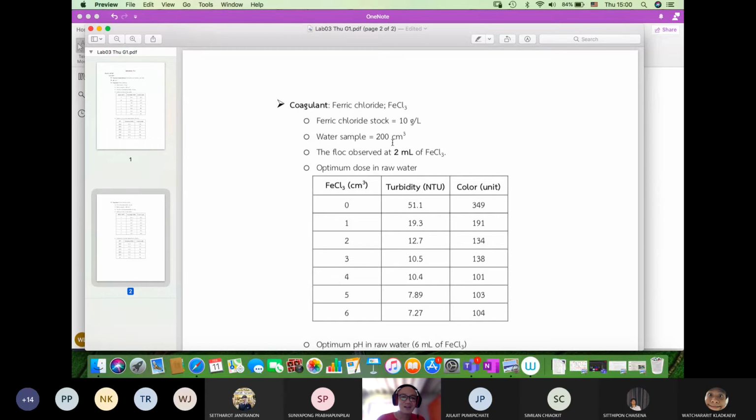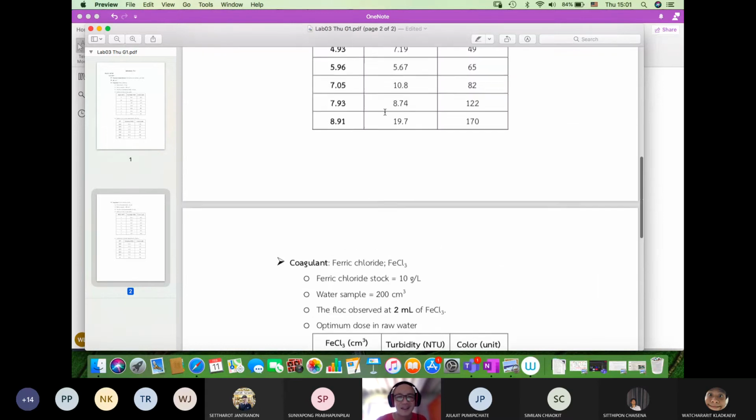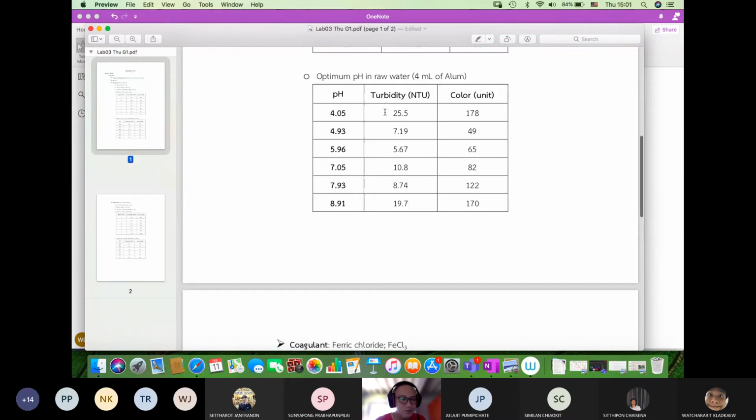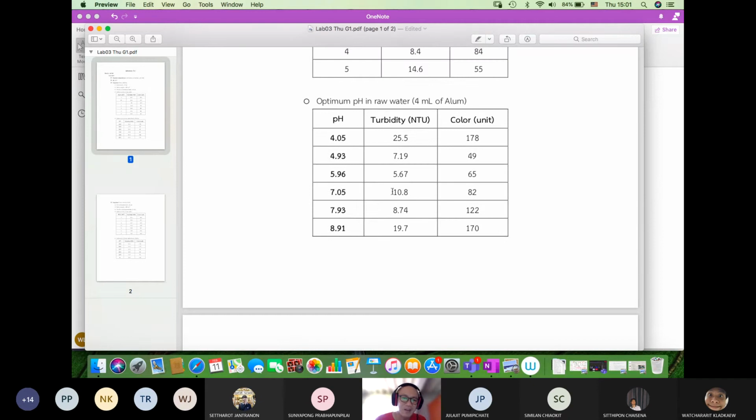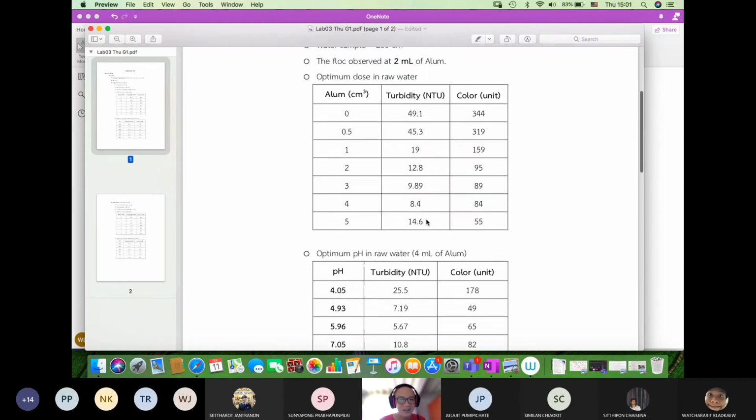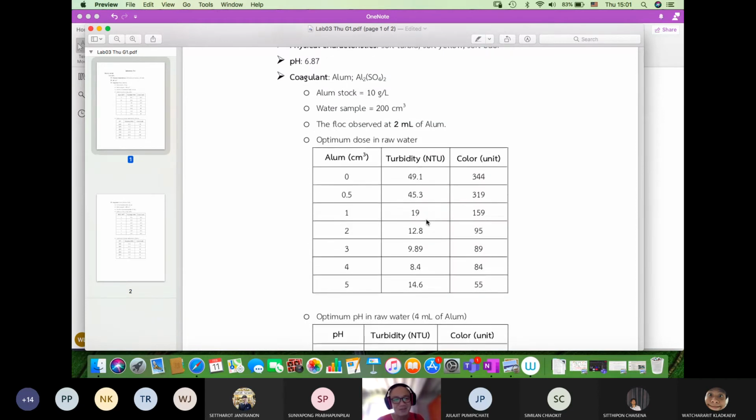So these are the results of the first group. Other groups, I think you are also getting similar results but different values. Maybe the optimum dose and optimum pH are also different.